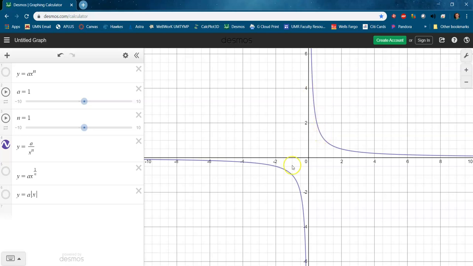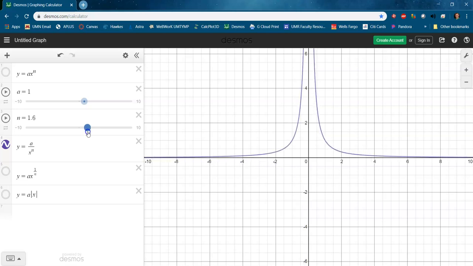It's undefined at 0, but otherwise it decreases as we go to the right, and as we go off to minus infinity, it approaches 0 as well. Really all that a does is scaling, not a big deal. But when we go to 2, the part that was down here flips up top, and that happens because we're squaring it.